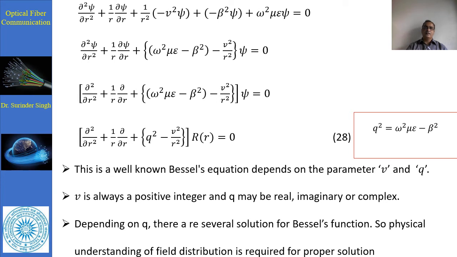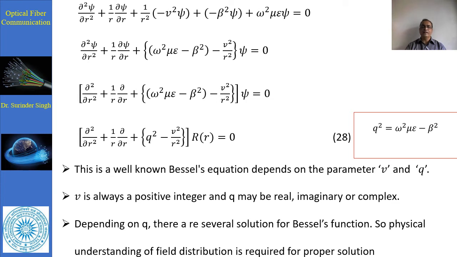So psi is the common component that is taken out. Now, this important function, omega square mu epsilon minus beta square, we have considered as q square.